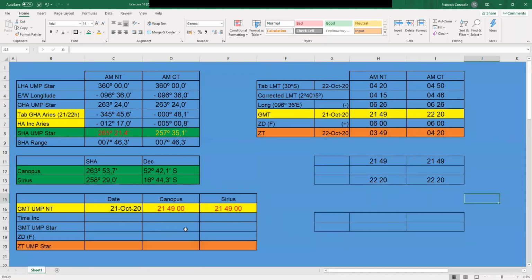Okay, so we've got from 21:49 to 22:30. Now the starting SHA here is 265°21.4'. We're going up to 257°35'. So the range is 7°46.3'. Okay, that's our total range.